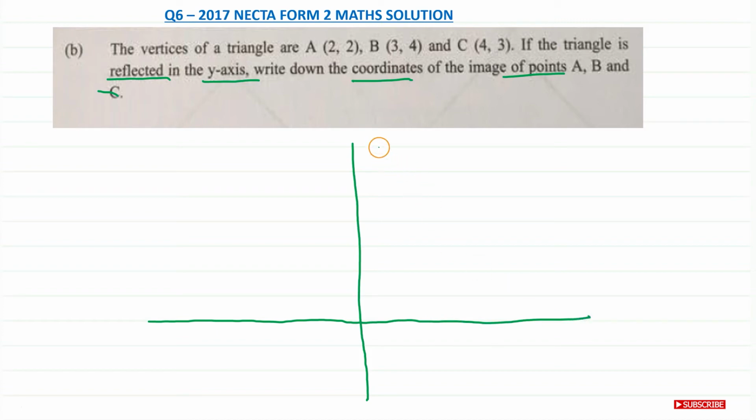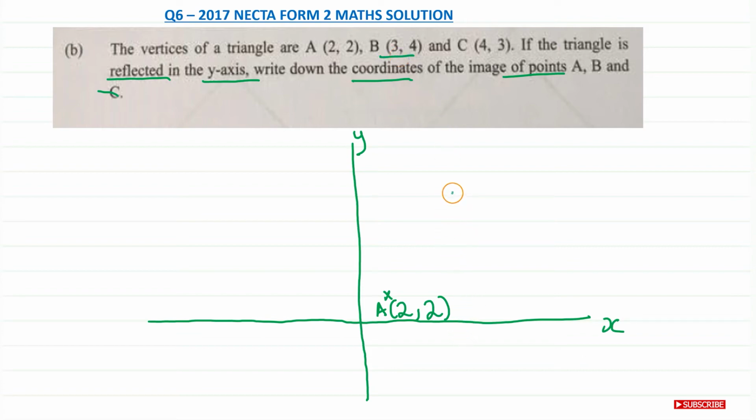Okay, so we've got our y-axis that way and we've got the x-axis on that side. So let's put point A, which is 2,2. So let's say point A is right there. And then let's put point B, which is 3,4.